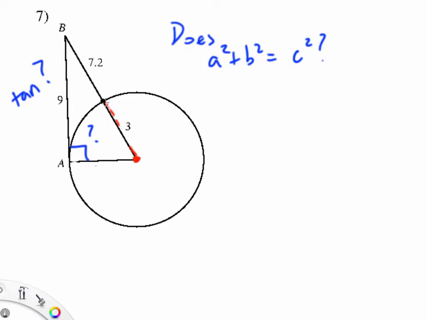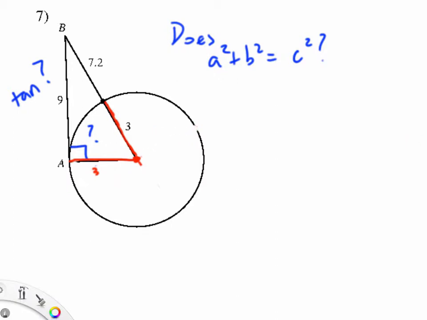Look at this right here. See how that's 3? It doesn't mean just this is 3. That means any radius is going to be 3. This is 3. This is 3. And that means that this piece also is going to be 3. So don't forget about the radius when you're doing these problems.